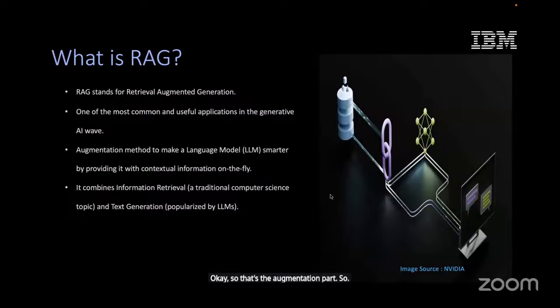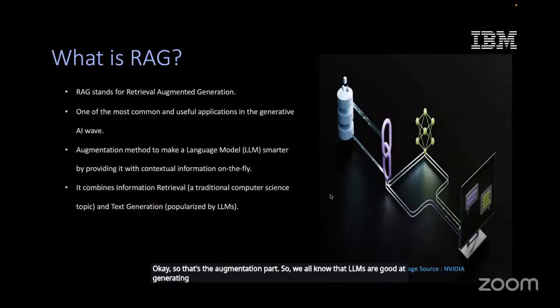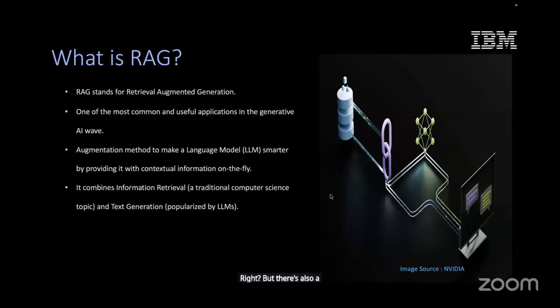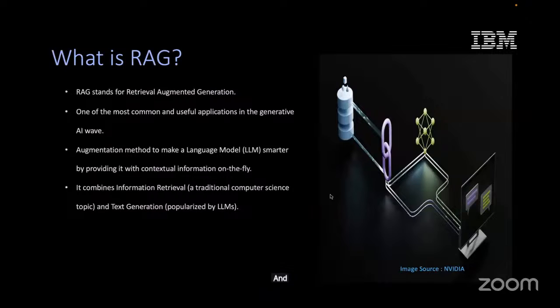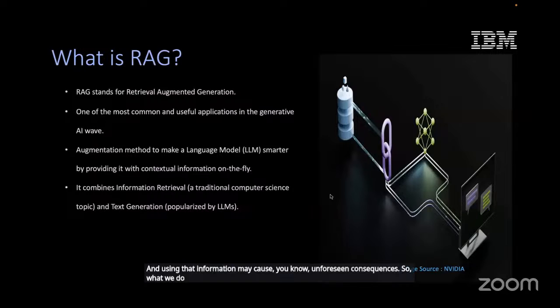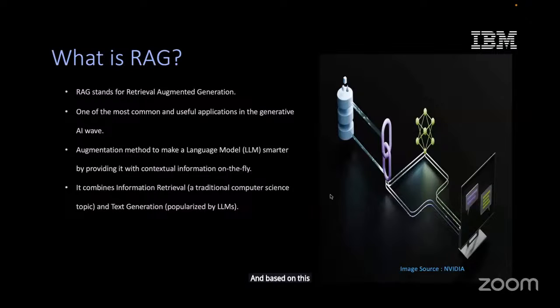So we all know that LLMs are good at generating text or generating information on the fly, right? But there's also a challenge where LLMs can give responses which are not 100% accurate, but they think that they are 100% accurate and give it to that user. And using that information may cause unforeseen consequences. So what we do is we provide that context to the LLM that says, okay, this is the question. And based on this, the documents that I have say this.